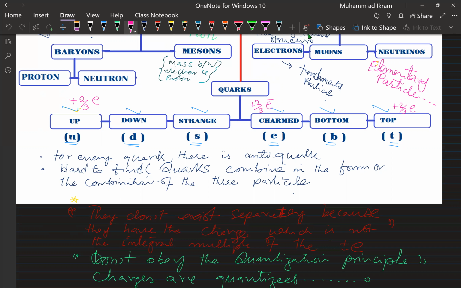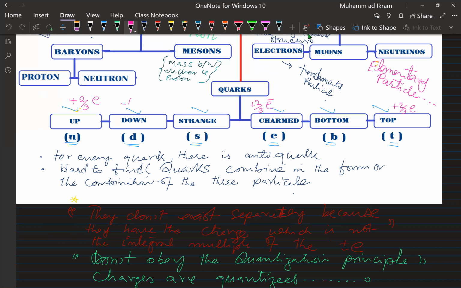Now this is the charge on the up, charm and top. The remaining three have a charge of minus 1/3 of that of the electron.